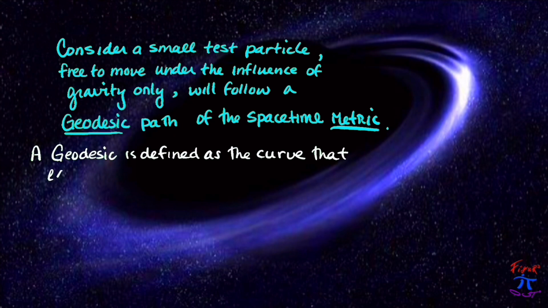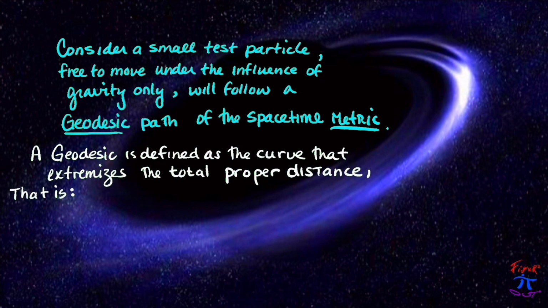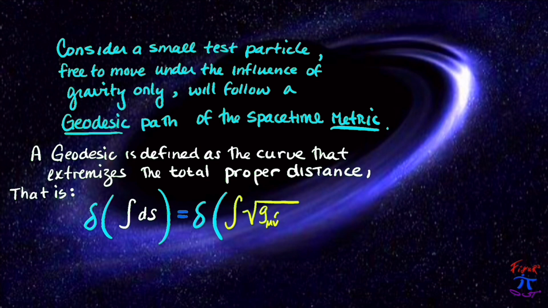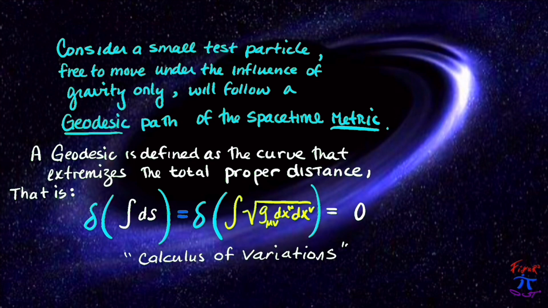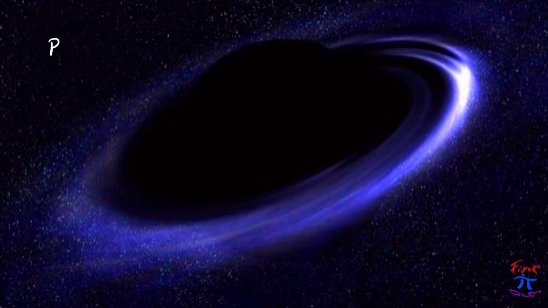A geodesic is defined as the curve that extremizes the total proper distance, that is, the variation of the action, which is the integral of ds, given here, set to 0, using the calculus of variations. If you're interested in more about this, see some of my previous videos.